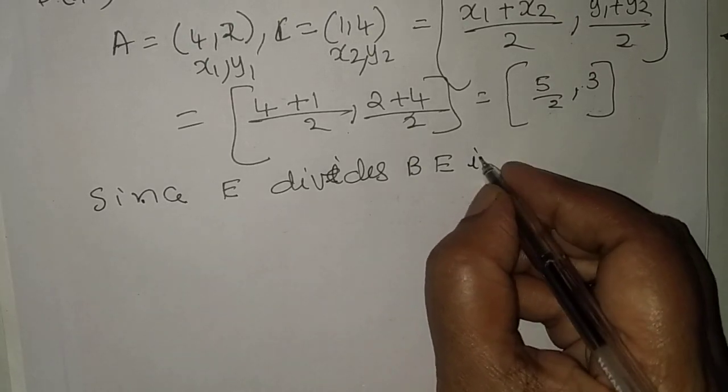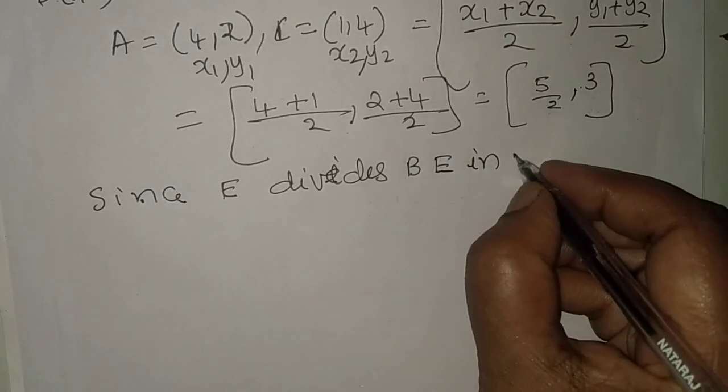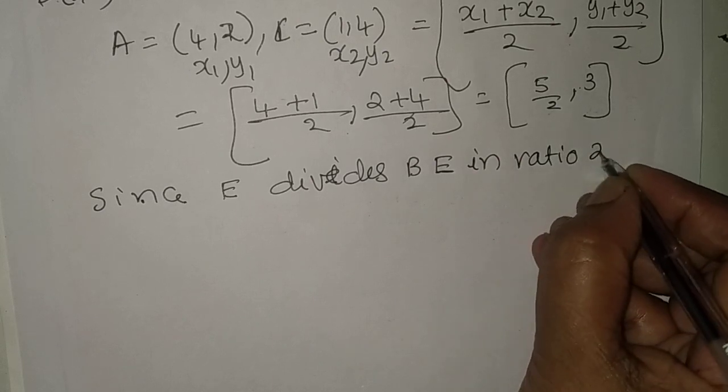BE is divided in the ratio they have given, 2:1.